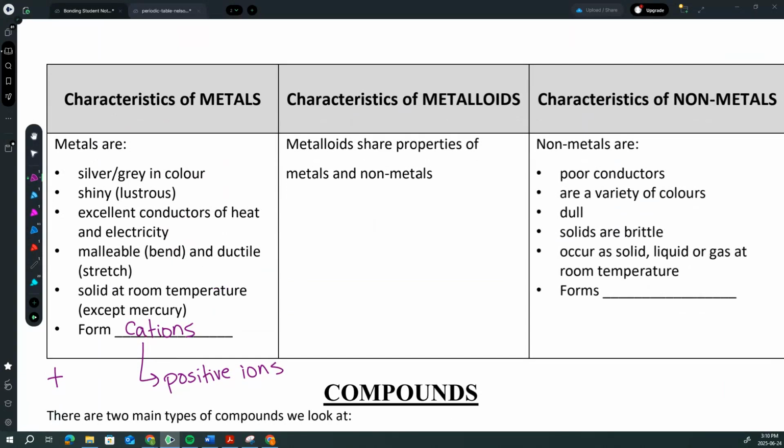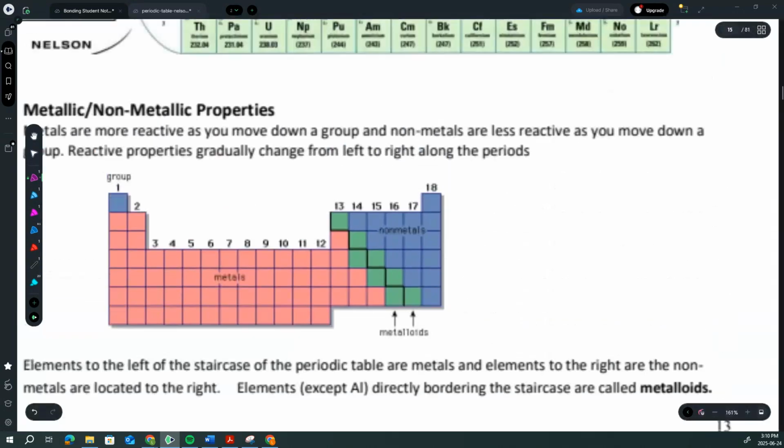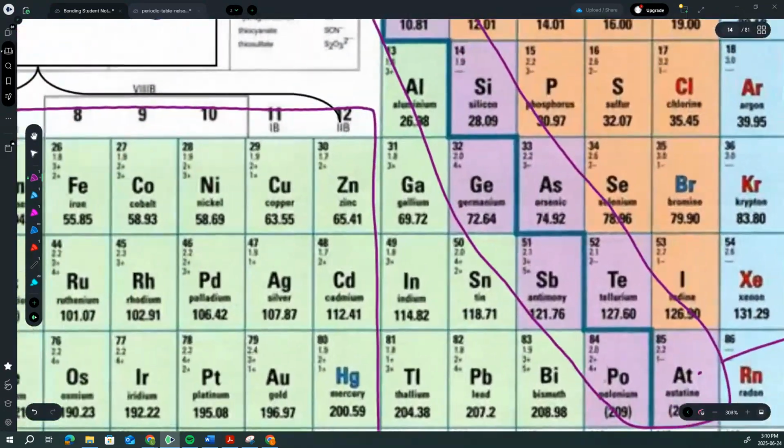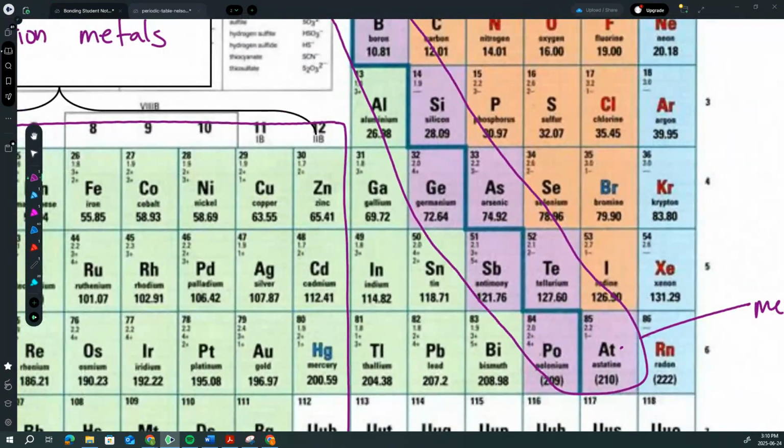Now, characteristics of metalloids, they're going to have some properties of metals as well as nonmetals. So if we look back at our periodic table, the metalloids that are to the left of the staircase, like germanium, polonium, antimony, those metalloids are going to have slightly more metallic properties, but they do still have some non-metallic properties.